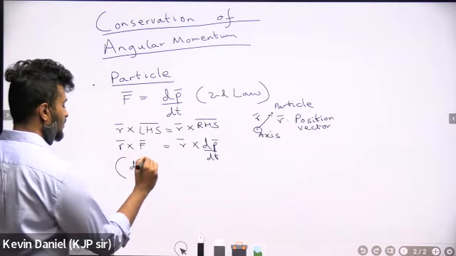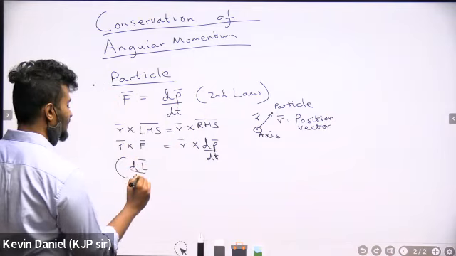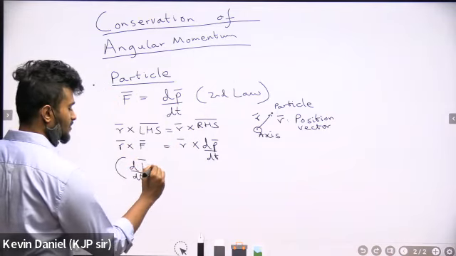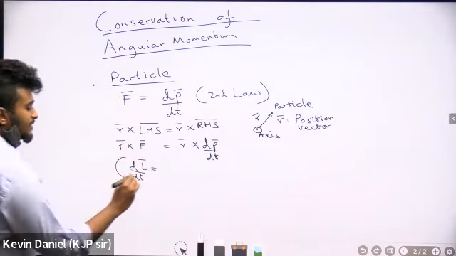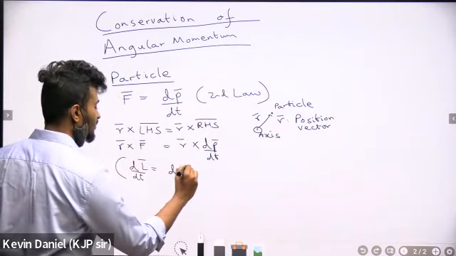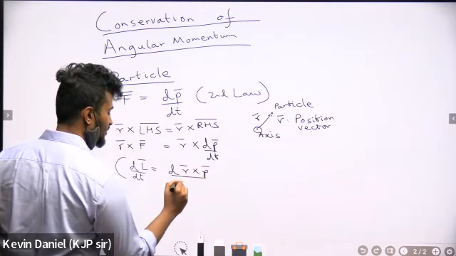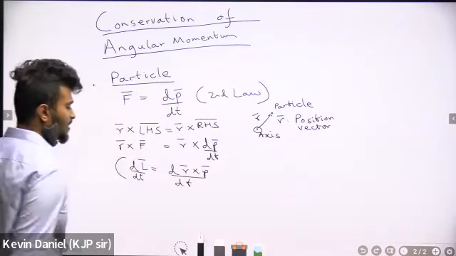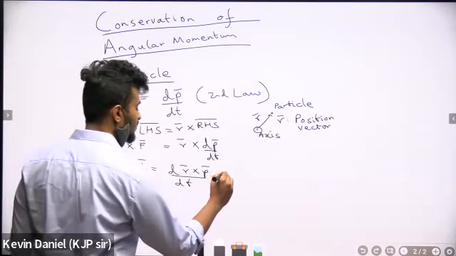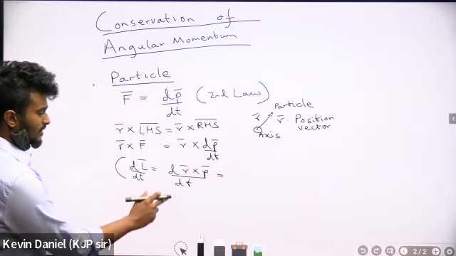Let's see what dL by dt will give us. Okay. So L is what? Again, angular momentum. What is angular momentum? R cross P. You're absolutely right, R will change. But now, if I differentiate this with respect to time, what do we do? We apply the product rule.